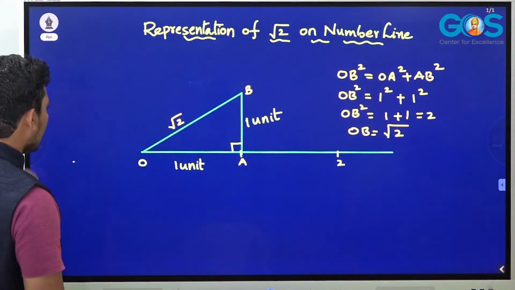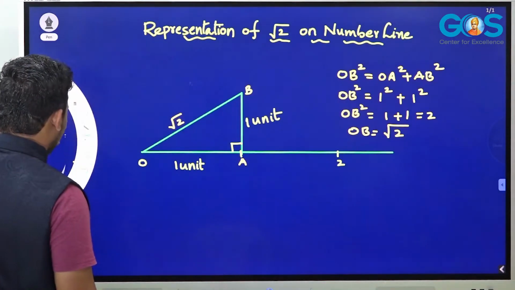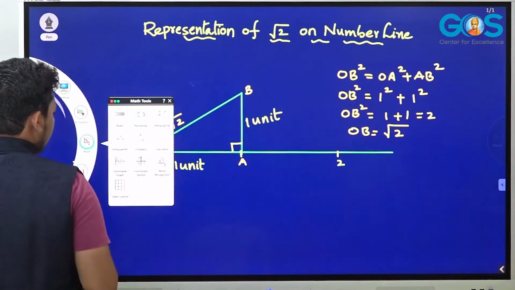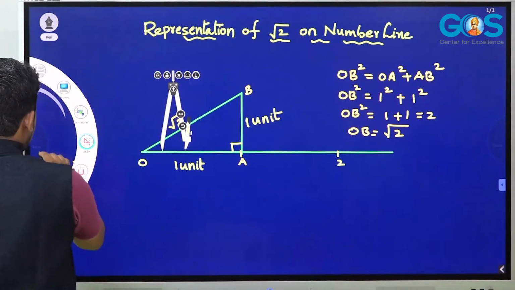Now how to represent root 2 on the number line? See here, just by using the compass.